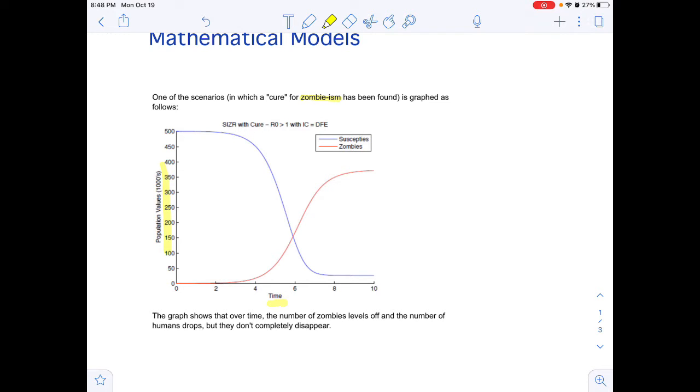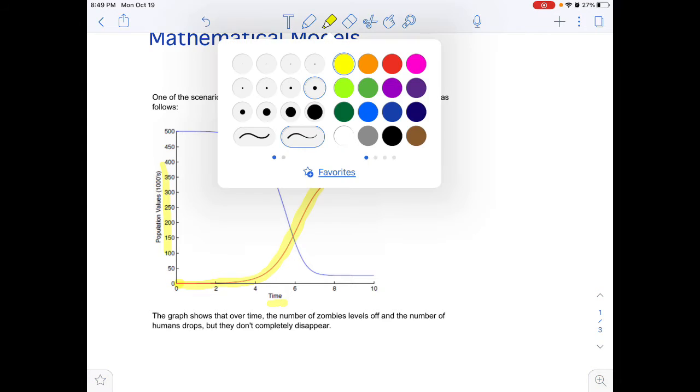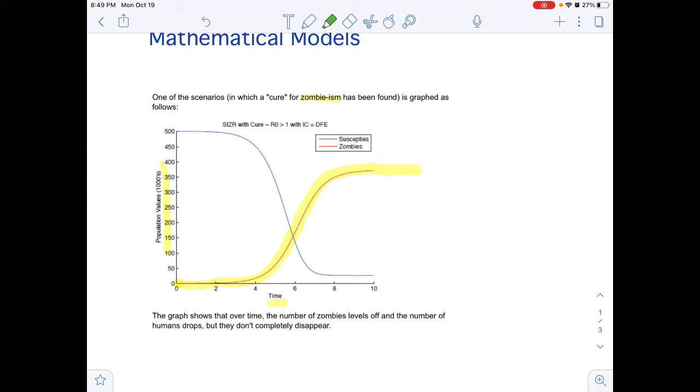dependent variable. The people who are zombies start at a low number, gradually increase, and then exponentially increase, and then level off. And notice the people who are not zombies start at a very high level. Then, when they start to succumb to being zombies, that happens quite quickly.